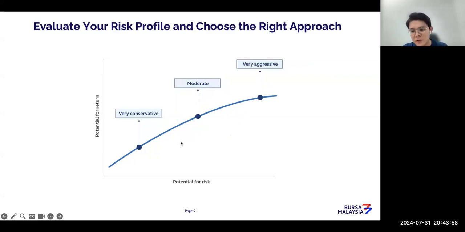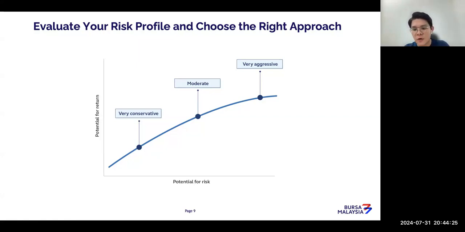A conservative investor will prioritize capital preservation, and they are comfortable with lower returns. A moderate investor will usually seek a balance between risk and return. They don't want a higher return, and they don't want a lower return, so they're in the middle there.